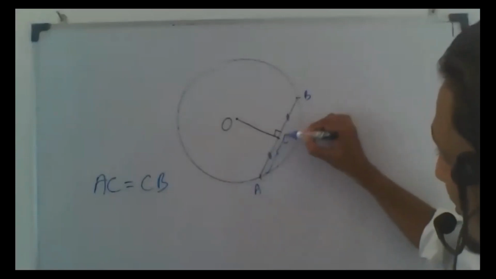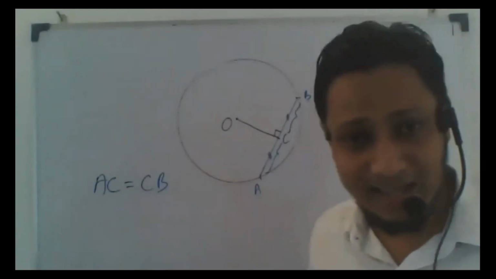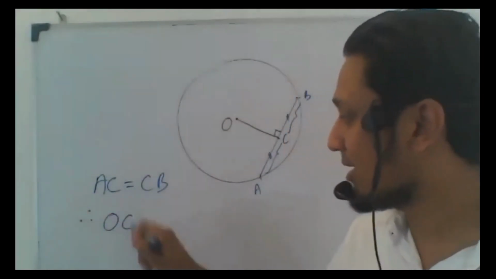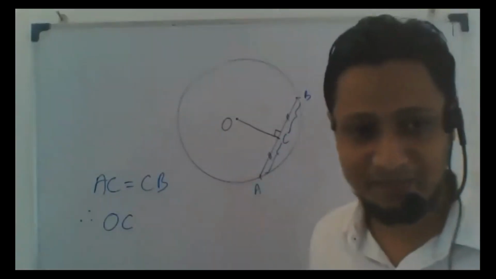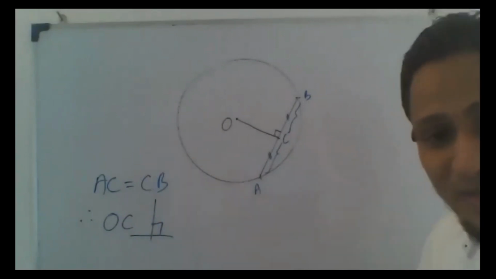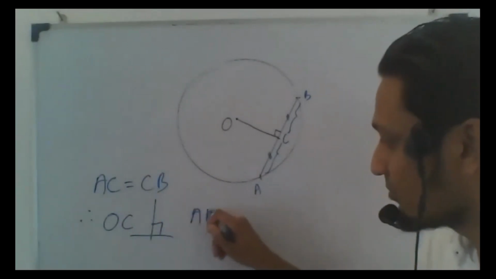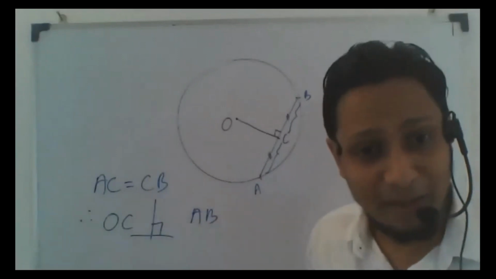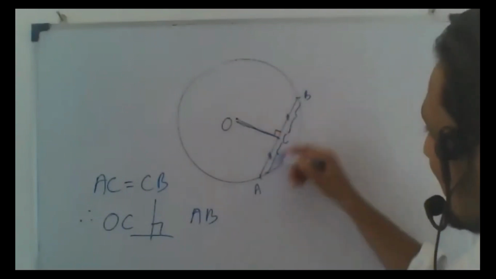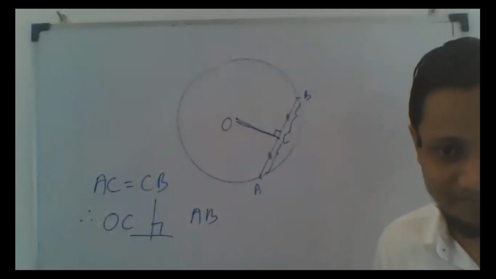Therefore, OC is perpendicular to whom? To AB. This OC is perpendicular to AB. Okay?